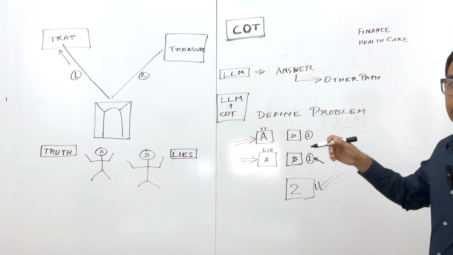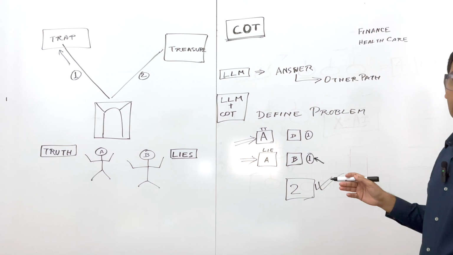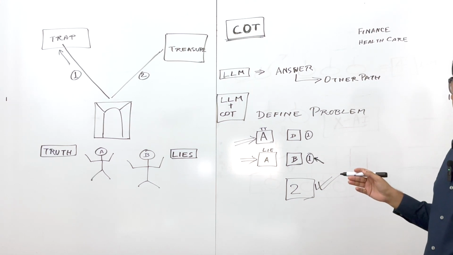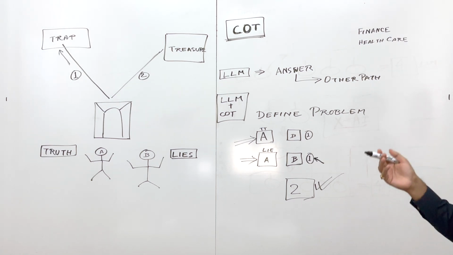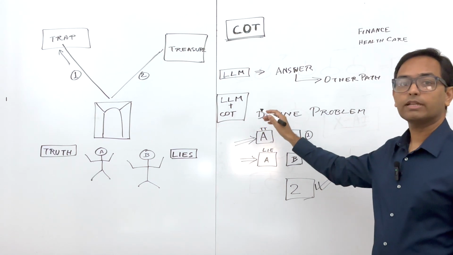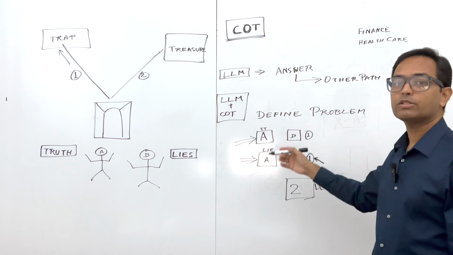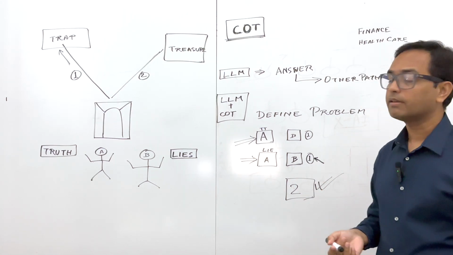Now, it might be that the next 3 years are going to be very difficult, and stocks are even higher risk during the next 3 years. And it might be the stock market is going to fail, or those kinds of things. So now, if there is a CoT, it will give you all the logic why it told you to invest in savings, although you are asking for high returns.